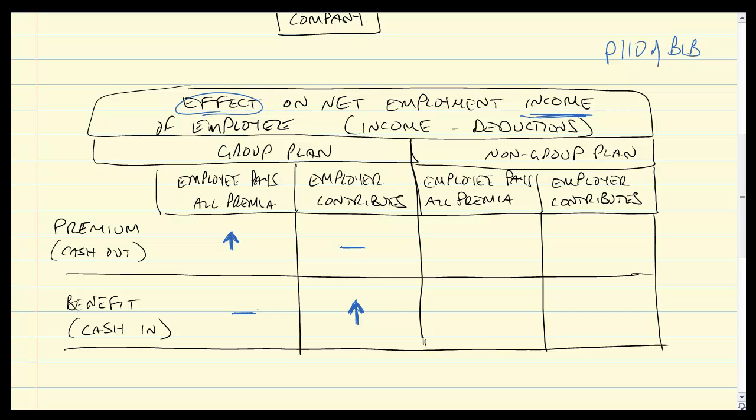Okay? Now when we go over to the non-group plans, this cell stays exactly the same, as does this one. So the stories we just told for group are exactly the same for non-group. However, when it's an employer contributing to it, and they don't have to pay the whole thing, they just have to be contributing to it, the government treats it oppositely.